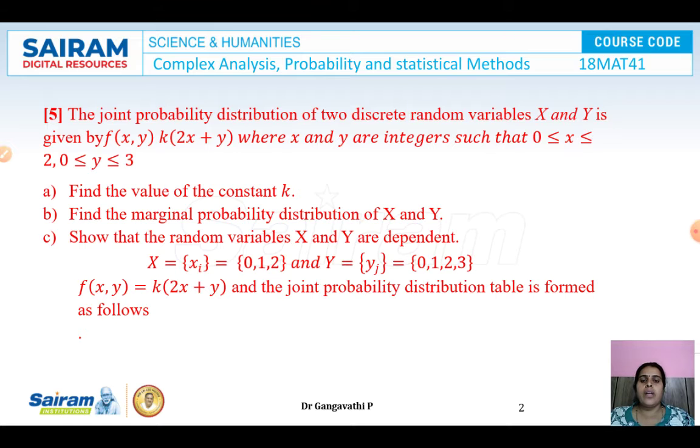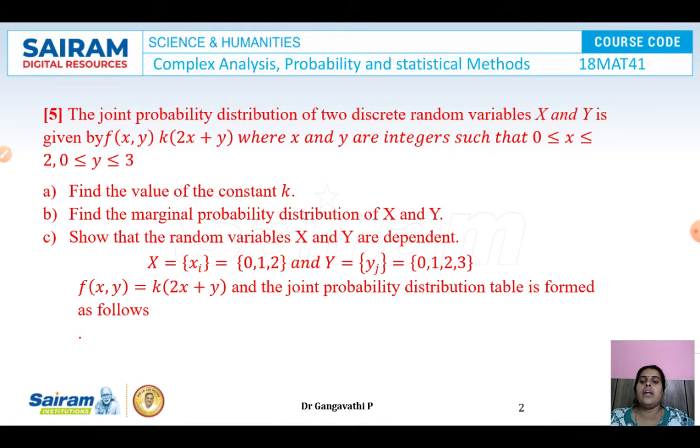Here x is equal to xi, where xi takes the values 0, 1 and 2, and y takes the values yj, which has the values 0, 1, 2, 3, and f of x comma y is equal to k into (2x plus y), and the joint probability distribution table is formed as follows.